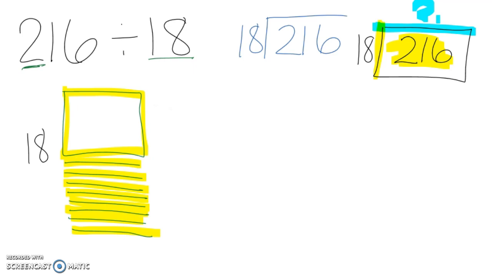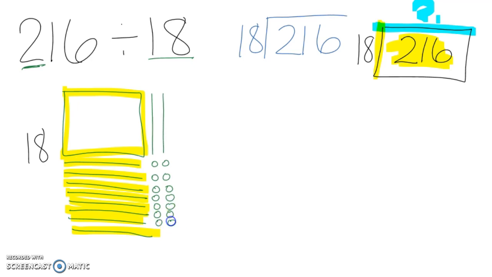Right now I have 180, 190, 200, 201, 202, 203, 204, 205, 206, 207, 208, 209, 210, 211, 212, 213, 214, 215, 216.